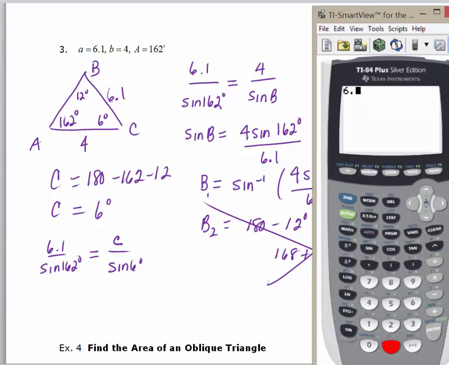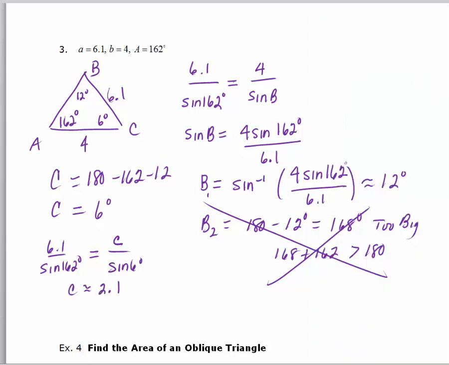So C is going to equal 6.1 times the sine of 6 divided by the sine of 162, which is equal to, if we round to the nearest tenth, 2.1. And again, you can check these ratios by setting up the law of sines for each pair, angle, and side.